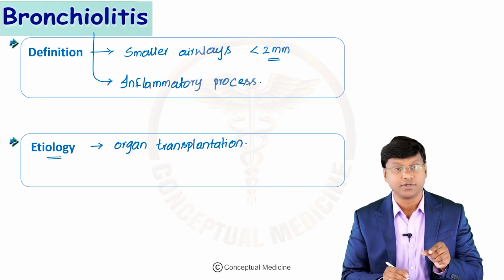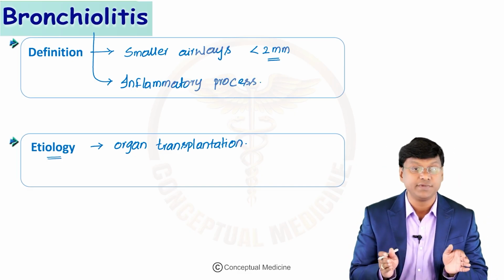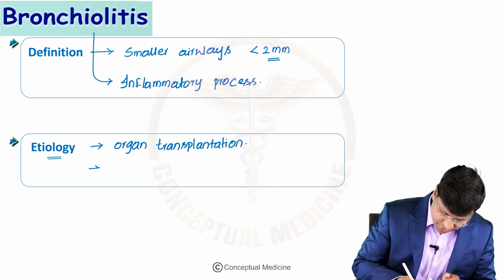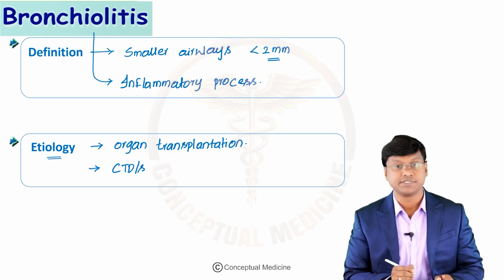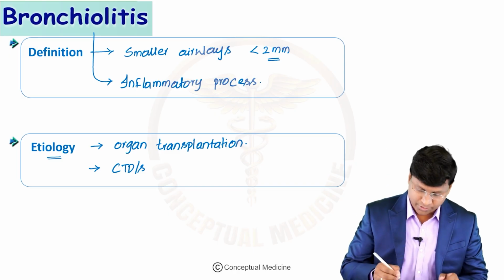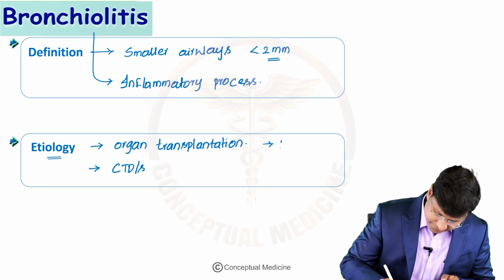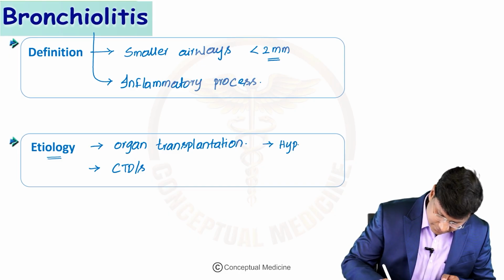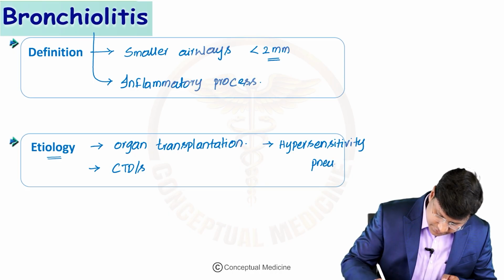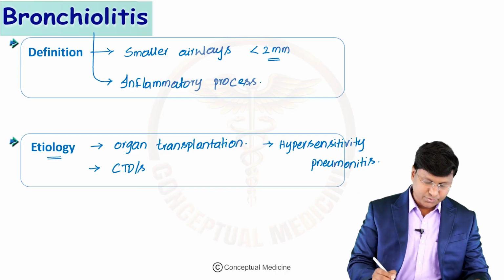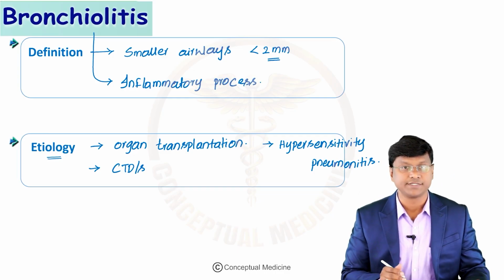It is also commonly seen in individuals with connective tissue disorders, CTD, connective tissue diseases, and then hypersensitivity pneumonitis. These are the common disorders where you have an association with the development of bronchiolitis.